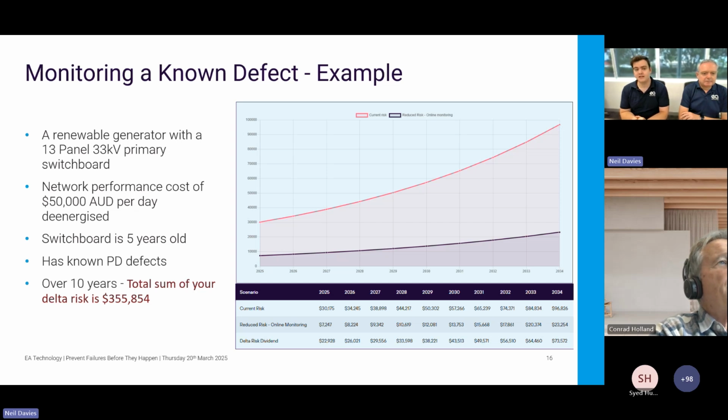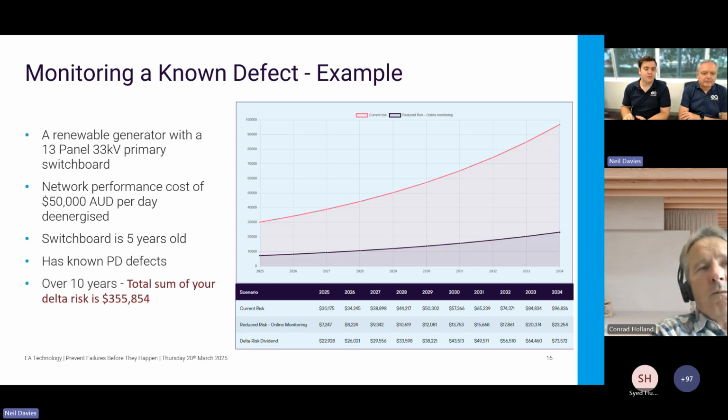So once we start to actually look at the risk calculations and everything like that, and we go, well, what risk does that board and those defects carry to their network? If it had kept going and kept degrading, you're looking at around $300,000 to $400,000 of risk reduction simply by installing the monitoring system.